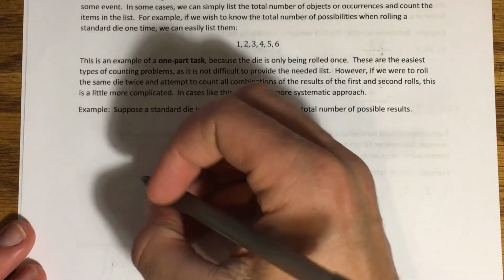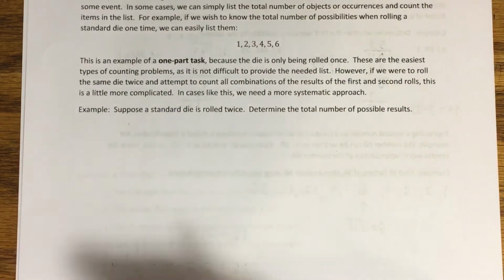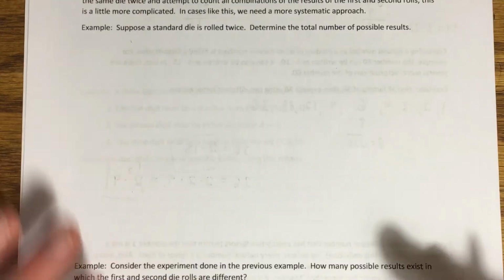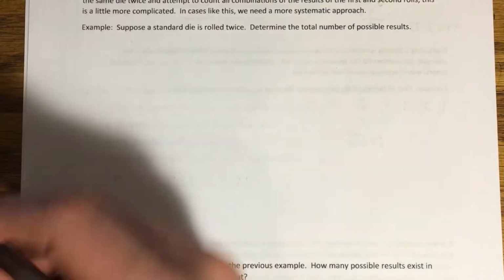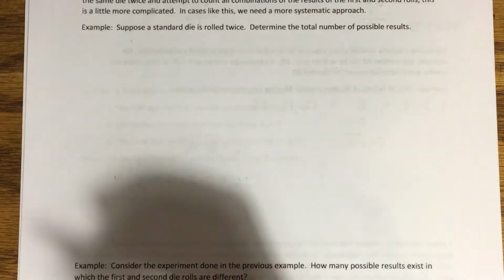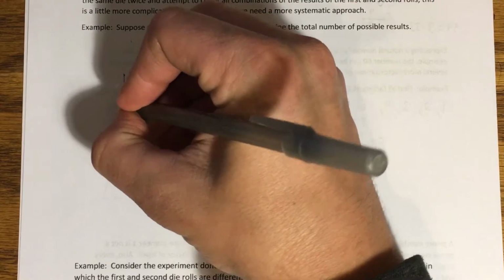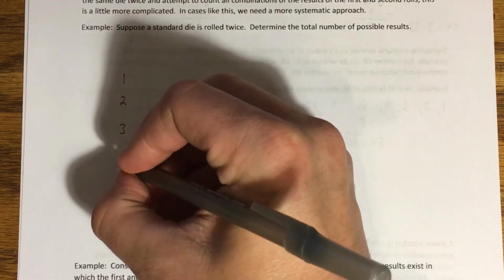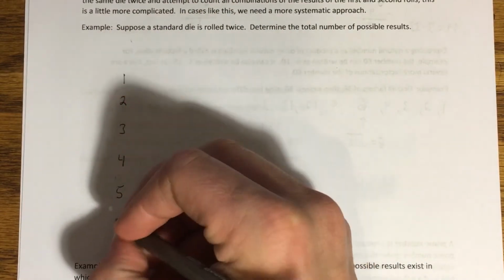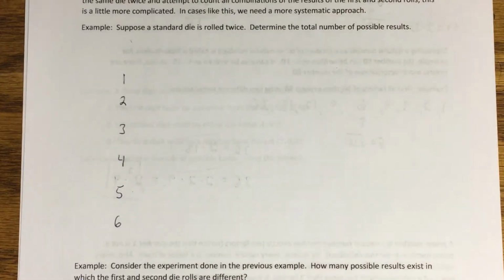So what I'm going to do is create a table to do this. Now, the first roll of this die we know has 6 possible states: 1, 2, 3, 4, 5, 6. Those are the 6 possibilities.